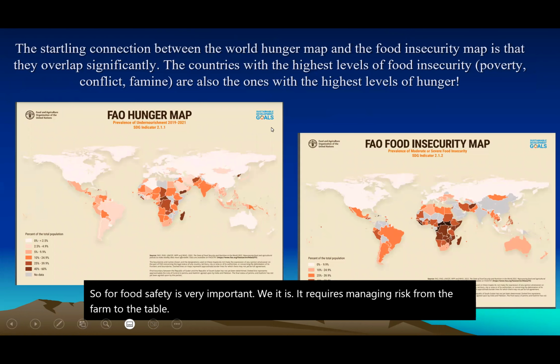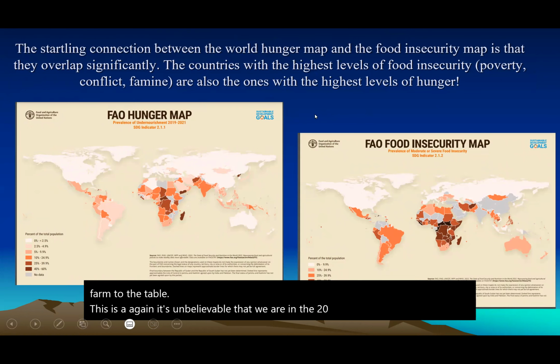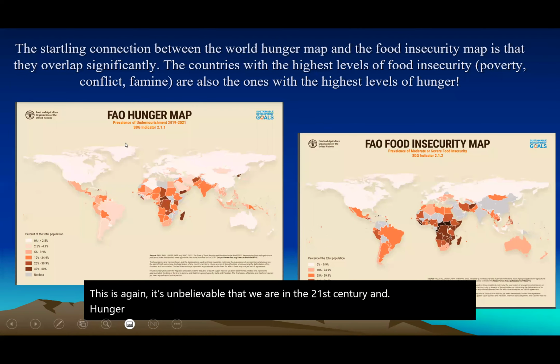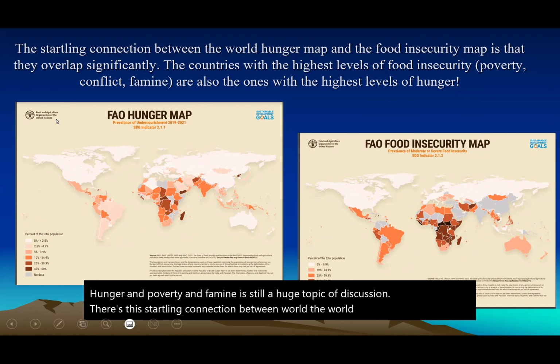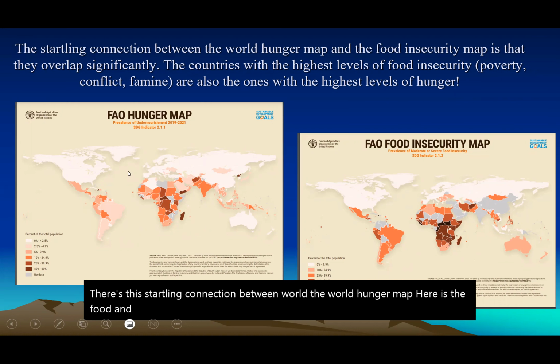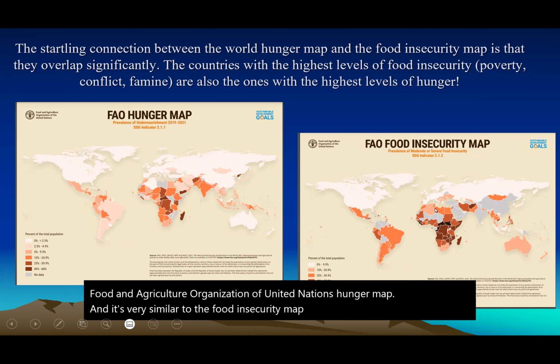It's unbelievable that we are in the 21st century and hunger and poverty and famine are still a huge topic of discussion. There's this startling connection between the world hunger map, here is the Food and Agriculture Organization of the United Nations hunger map, and the food insecurity map that they have published.